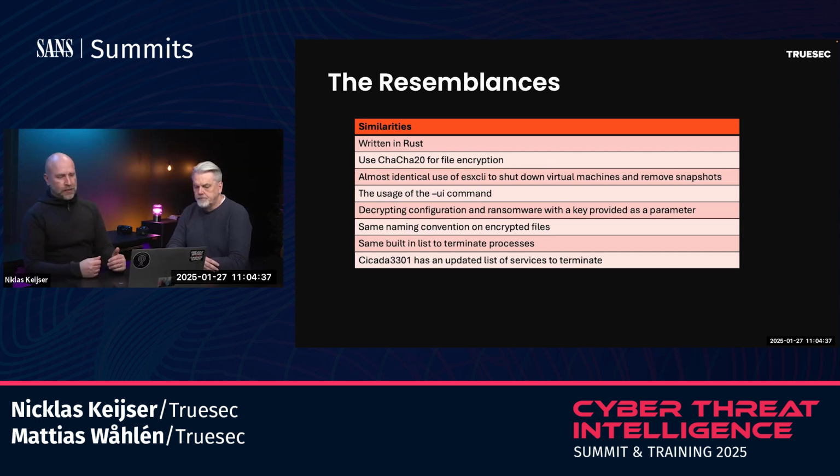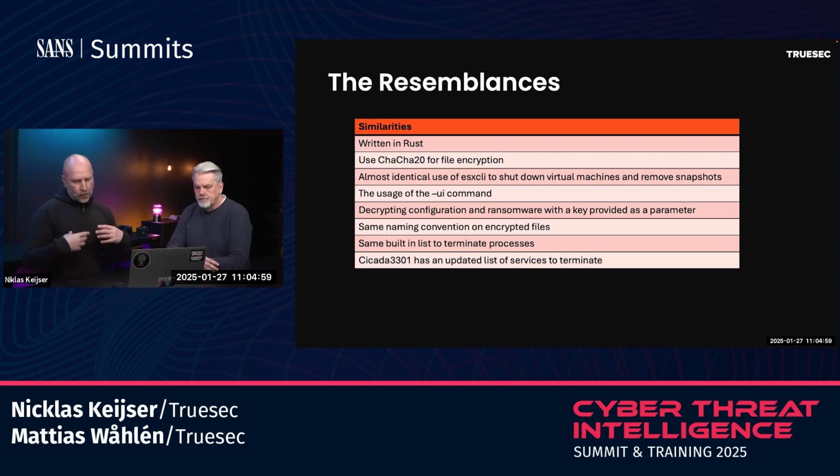They use --UI to get this graphical interface for debugging the ransomware. You need to provide this parameter, which is actually a decryption key, to get the binary starting, otherwise it will terminate. They have the same naming convention for how the file and the ransomware note look.